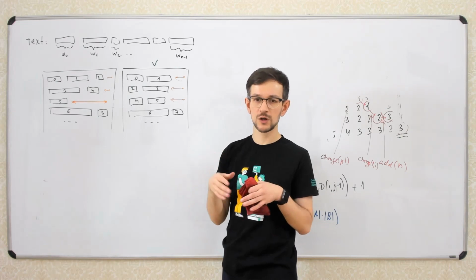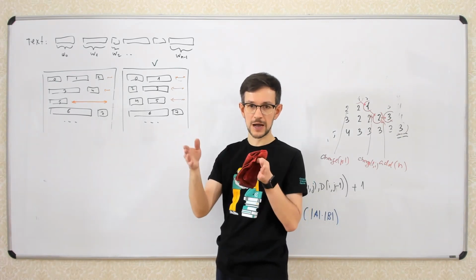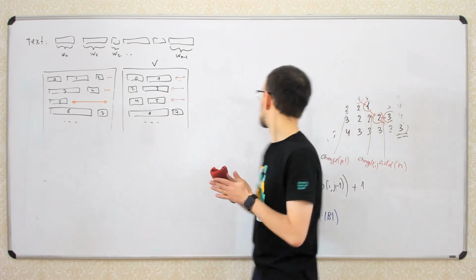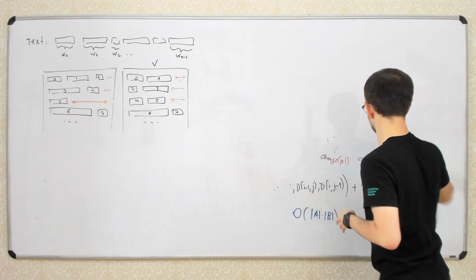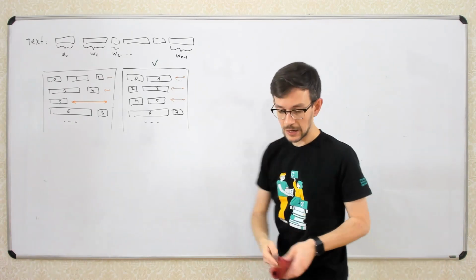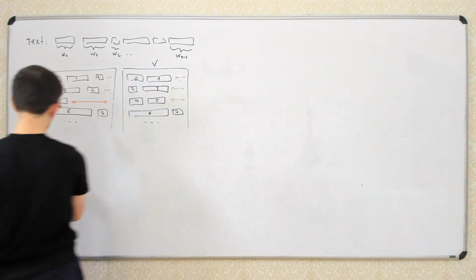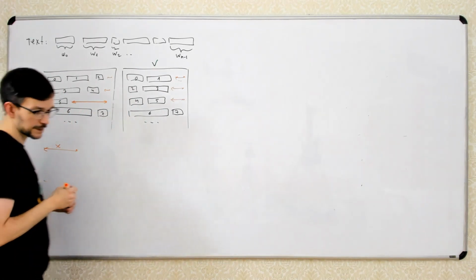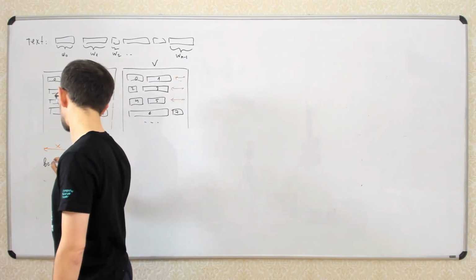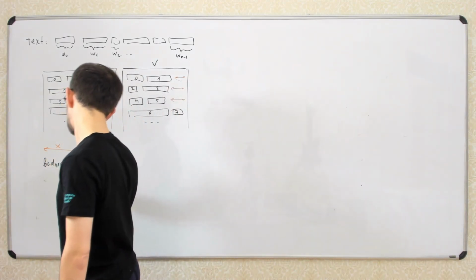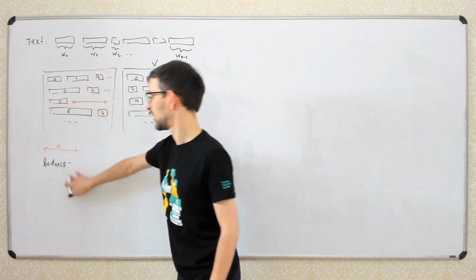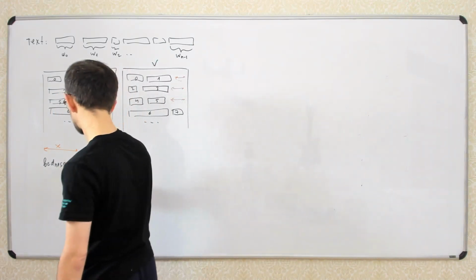So we need somehow to measure that if you have a big gap, then you have a big cost for this alignment. So let's say, for example, that if you have a gap of size x, then the badness of this gap will be equal to x cubed.